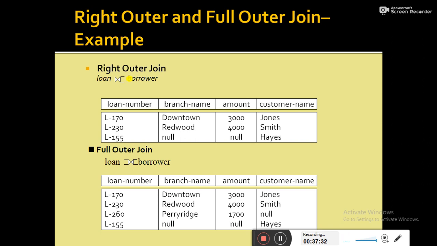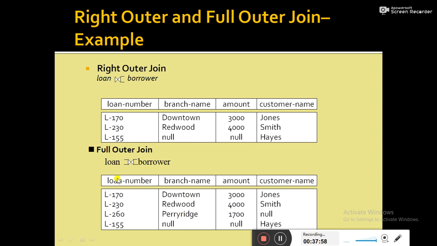And next, the full outer join. This is the symbol. Loan full outer join borrower is a combination of left outer join and right outer join. First it performs the natural join operation between loan and borrower, meaning L170 and L230 are the output of the natural join.